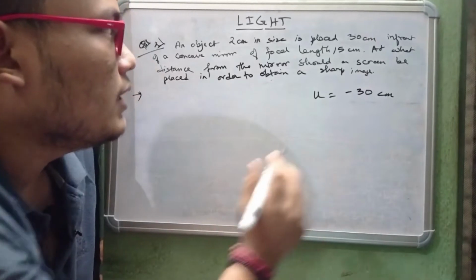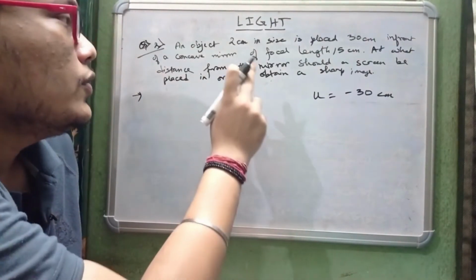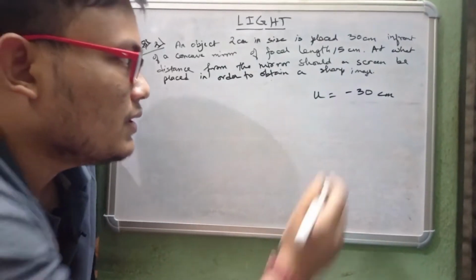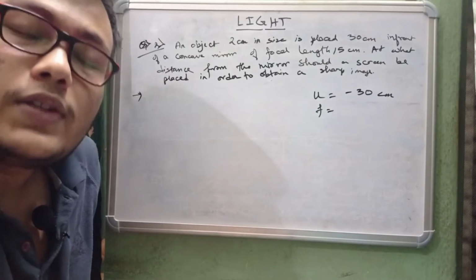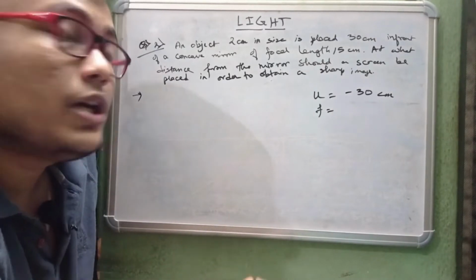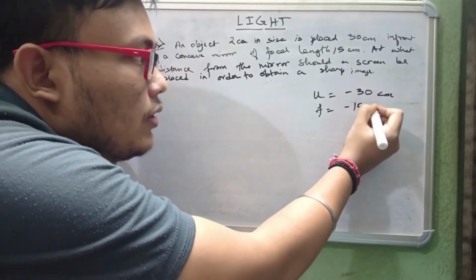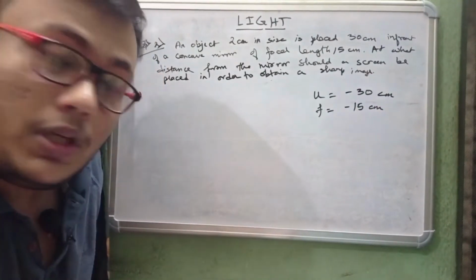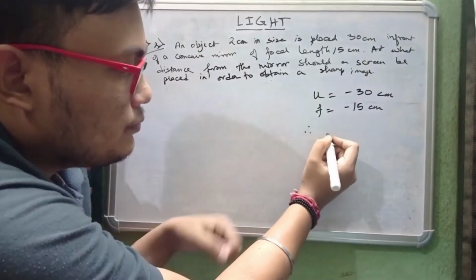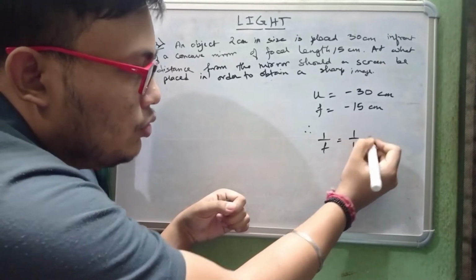It is also given that the focal length is 15 centimeters, which is also towards the left of the concave mirror, so again negative: f is minus 15 centimeters.